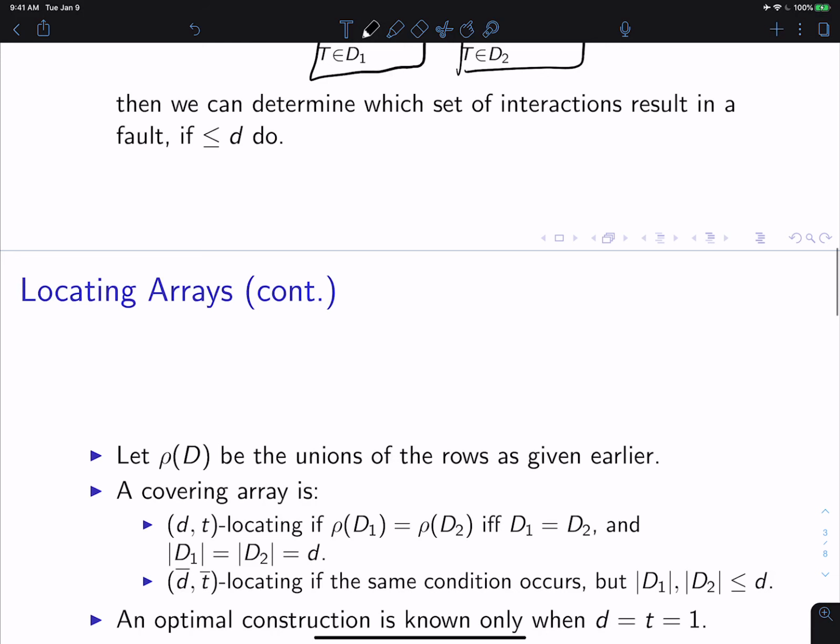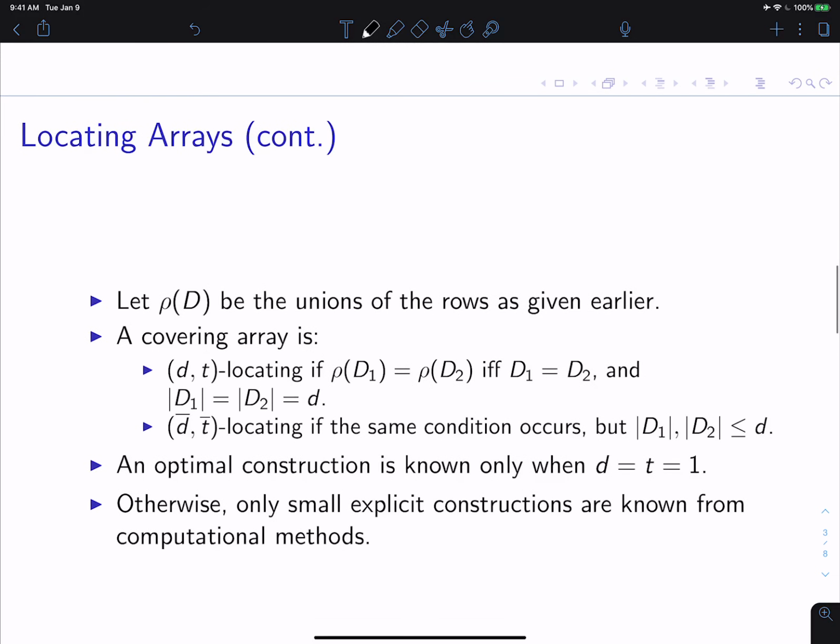Okay, so I'm going to make an additional notational point here. Note before I had row of T to be the rows where T appears.